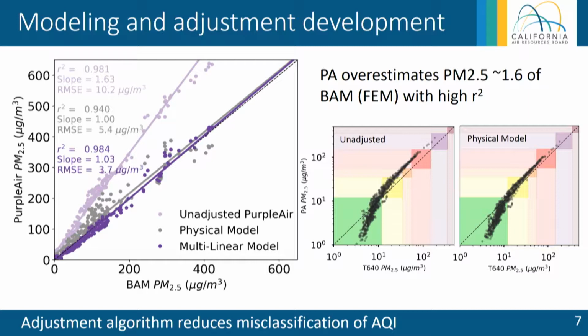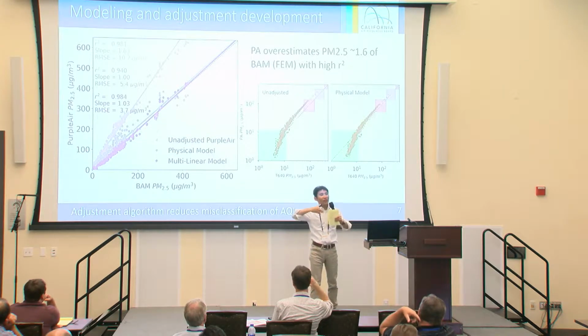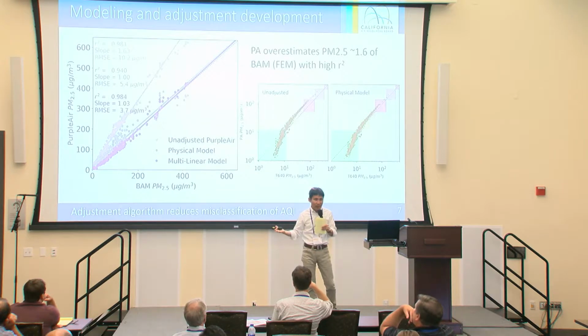analysis. But before jumping into this chart, let me just explain a little bit about low-cost PM sensors. Low-cost PM sensor usually uses the optical particle counter. What it does is it gets a light scatter signal, and then that is converted into a particle count and size, and then with some assumption, that is again converted into mass concentration.